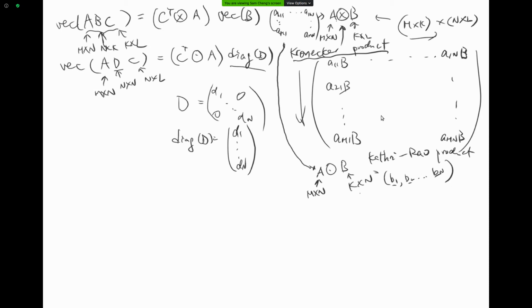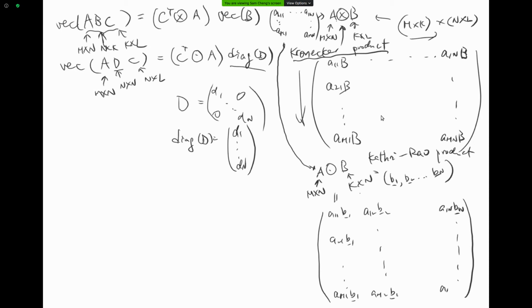Then my Khatri-Rao product will be A11 B1, A21 B1, and so on up to AM1 B1. For the second column, I have A12 B2, and so on up to AM2 B2, and for the last column I have A1N Bn, and so on up to AMN Bn.